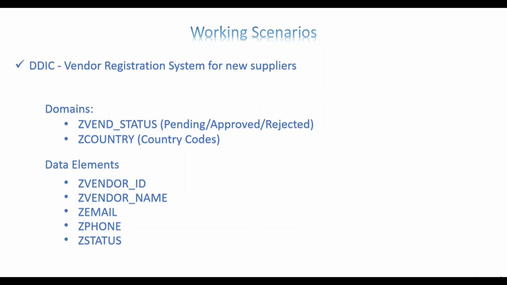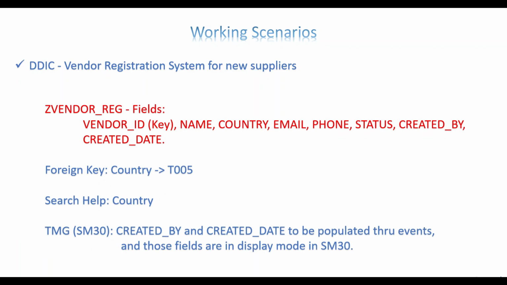And I need a table which holds these fields: vendor ID, name, country, email, phone, status, created by and created date, and MANDT is missing, please add it. MANDT and vendor ID are the key fields in this table, and if you want more fields you can add them.